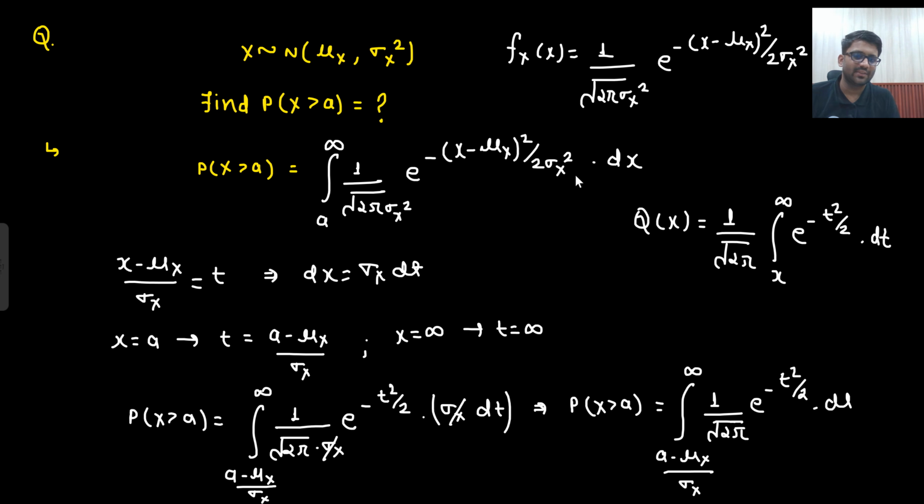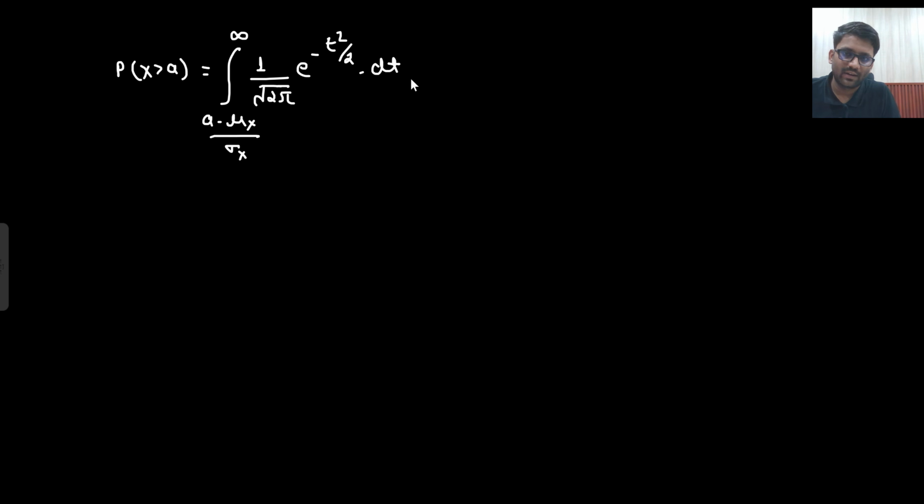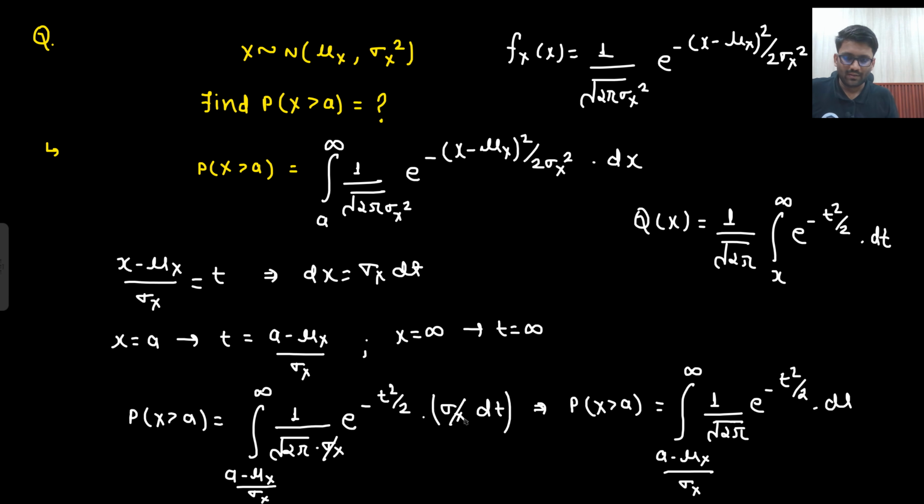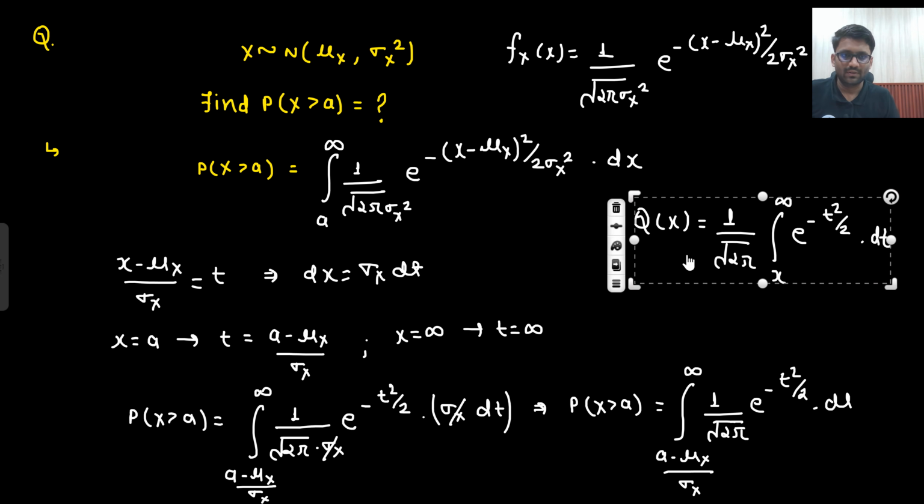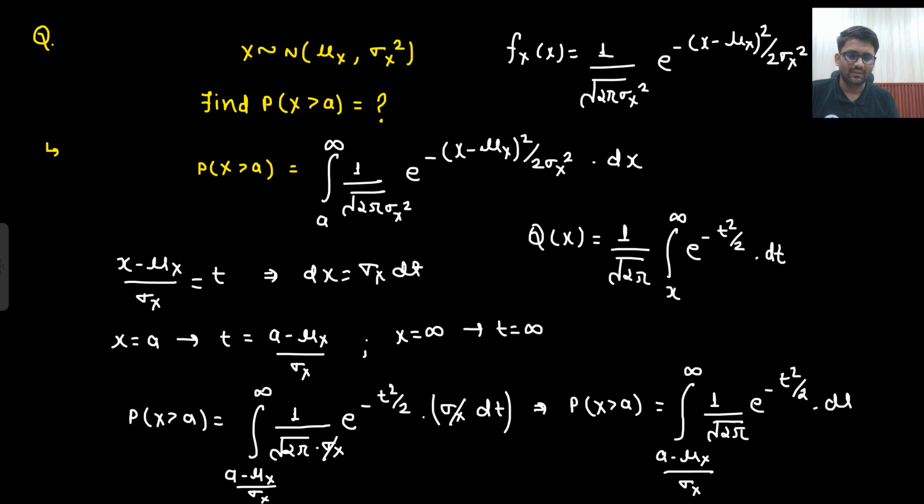I put x minus mu x divided by sigma x equal to t so that I can get e to the power minus t square by 2, so that I can compare. From here the limit and everything got changed, so I wrote down the changes. Sigma x was there, and it is getting cancelled out. So now I am able to compare. This is my probability of x greater than a, right? And this is your Q of x.